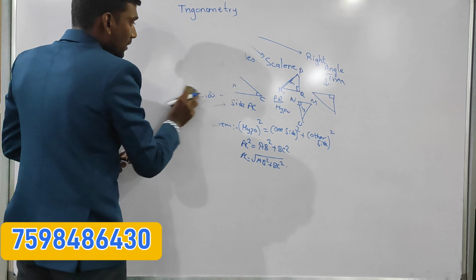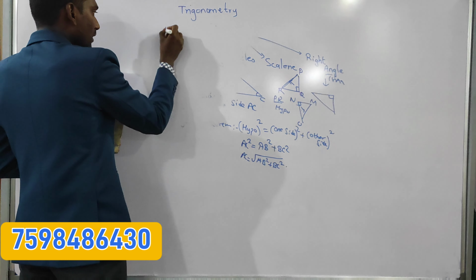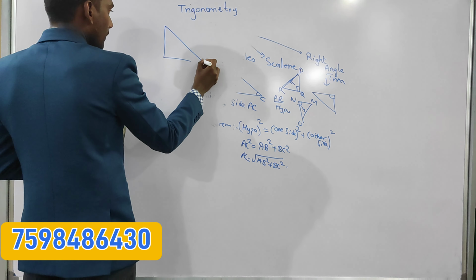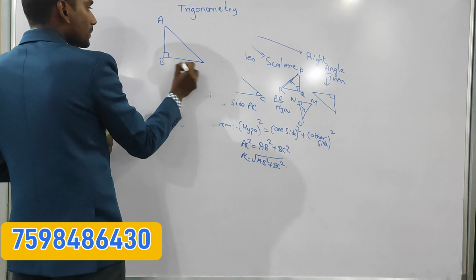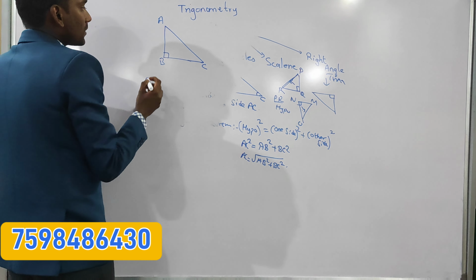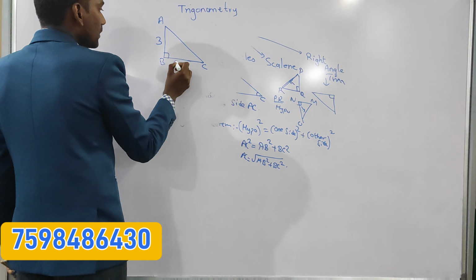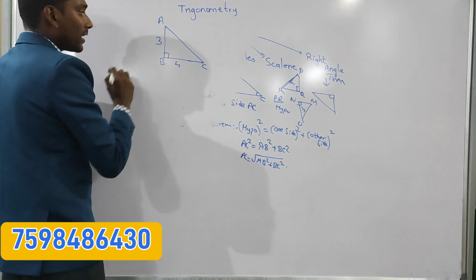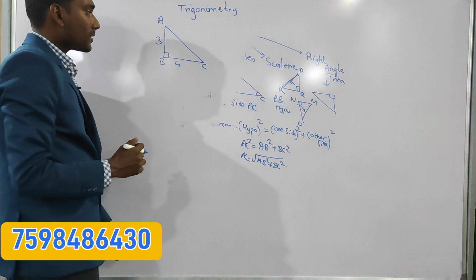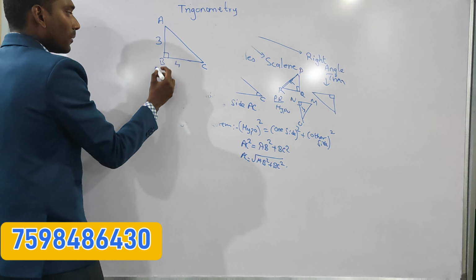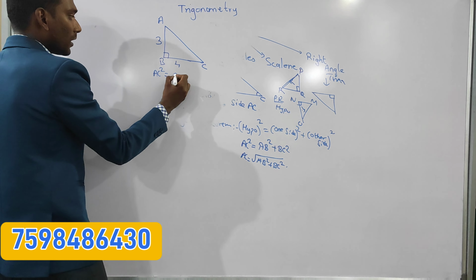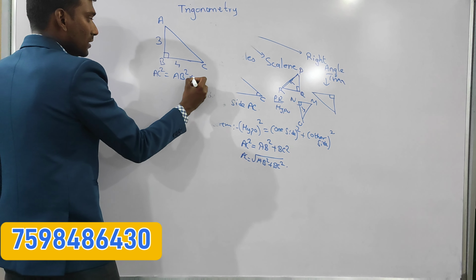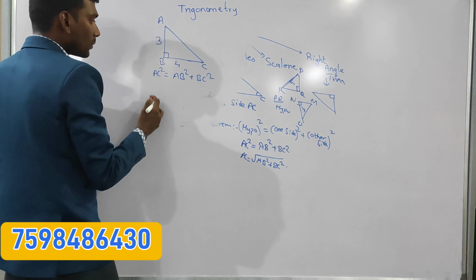For the first question, imagine I gave you a right angle triangle. This is A, this is B, this is C, and suppose I write here, this is 3, this is 4. Find the value of AC. Applying the Pythagoras theorem, hypotenuse square, that is AC square, is equal to AB square plus BC square.